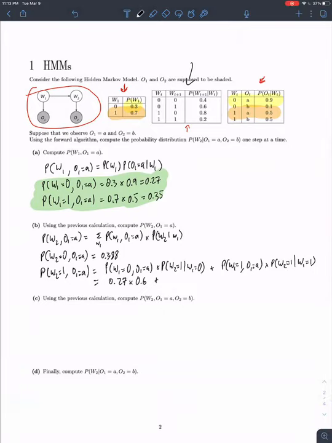Plus W1 is 1 and O1 is A. We can look it up in the green highlighted stuff. That's 0.35. And W2 is 1 given W1 is 1. Again, the conditional probability table, that's 0.2. And that ends up being equal to 0.232.